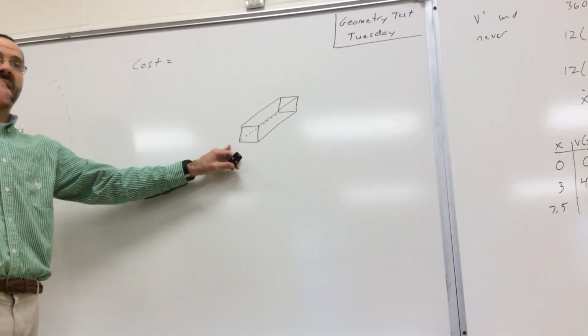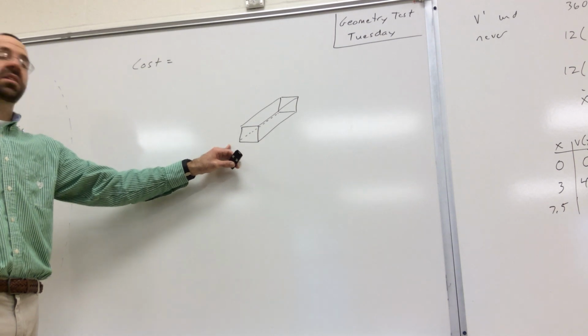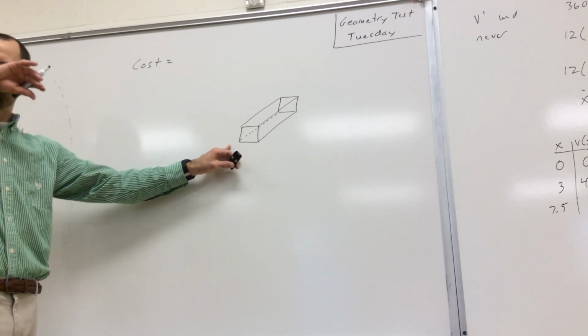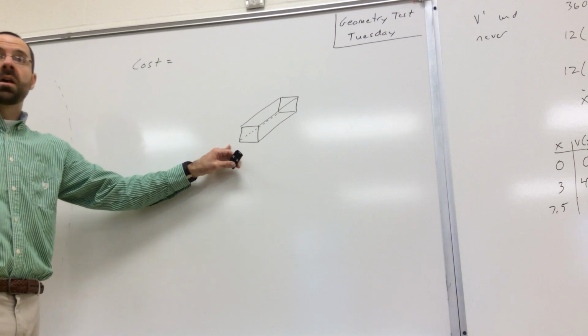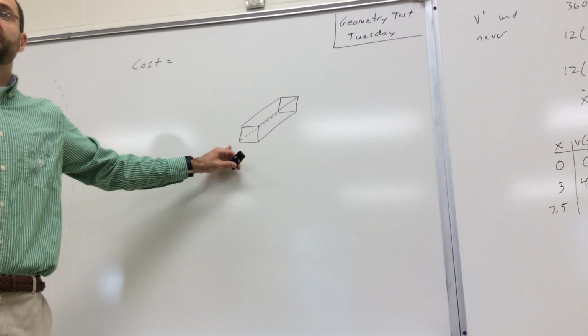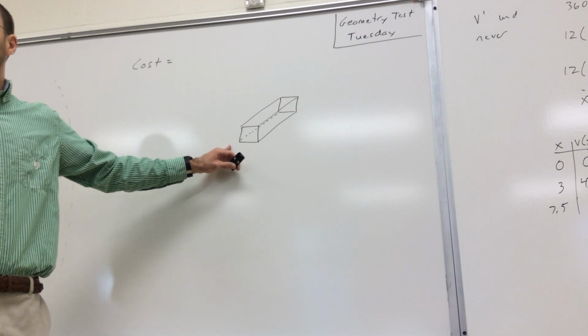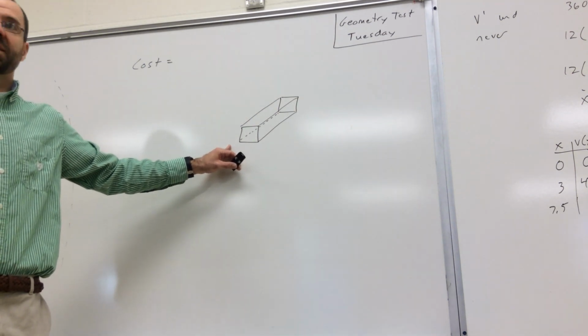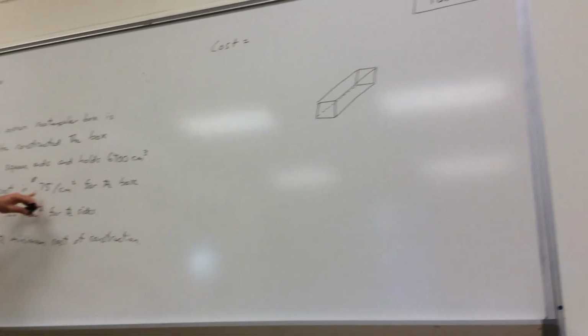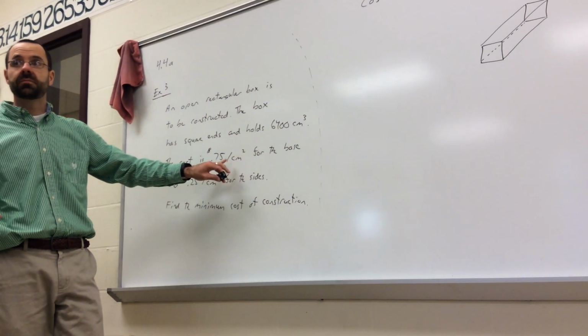So front's a square, back's a square, and then the top and the bottom and the left and the right are rectangles. Okay, so apparently the bottom of this box is more expensive to make. Maybe that's because it's going to have a more solid bottom. Because the bottom costs 75 cents per square centimeter.